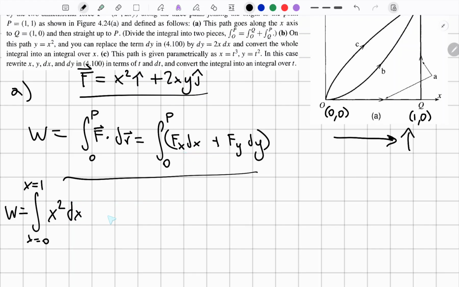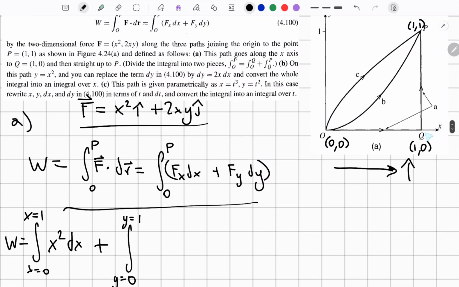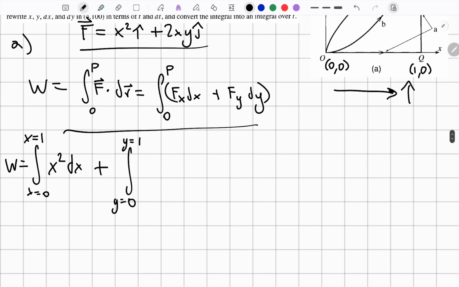that's our x force, plus the force on y, from y equals 0 up to y equals 1. This covers our second path along the way, when we're moving from Q to P. So this first integral covers our movement from O to Q and then from Q to P. Because they're two different movements, when we're moving in the x direction, we only need to worry about this x integral.